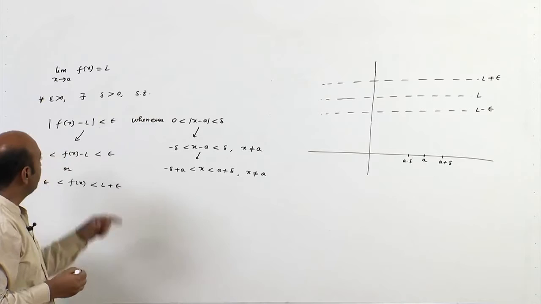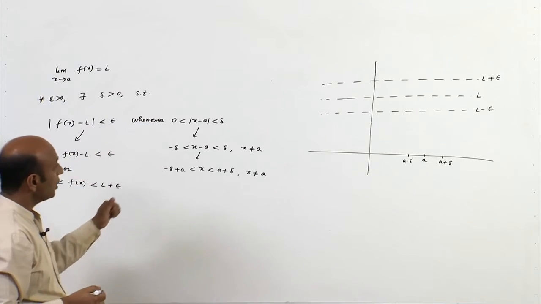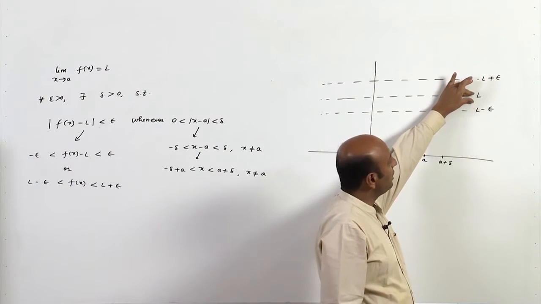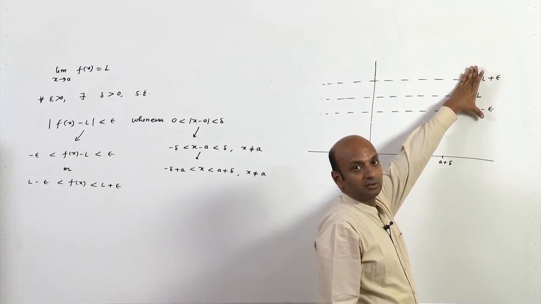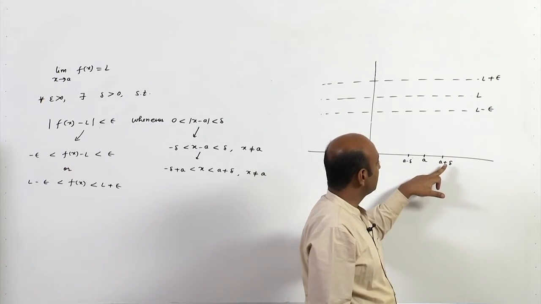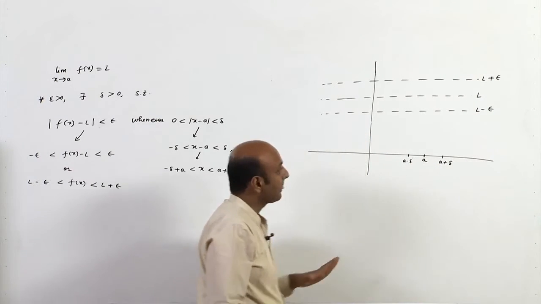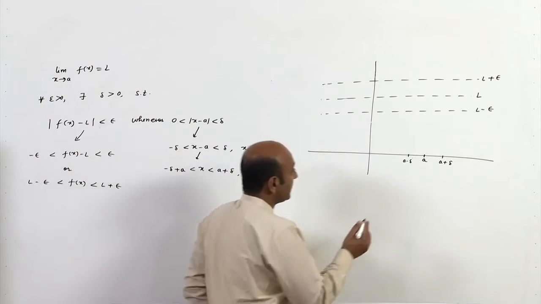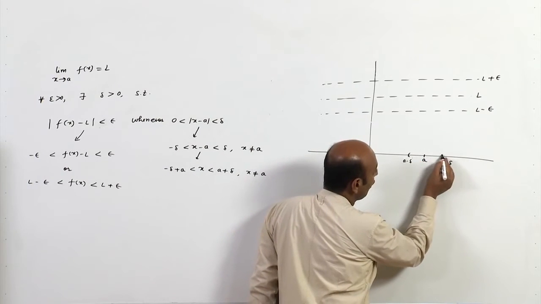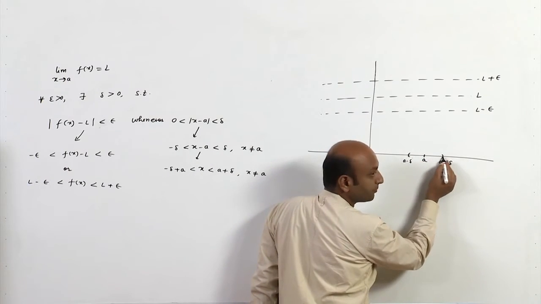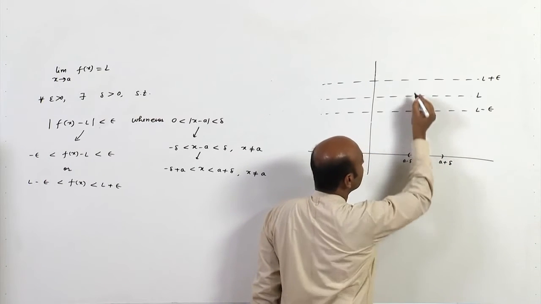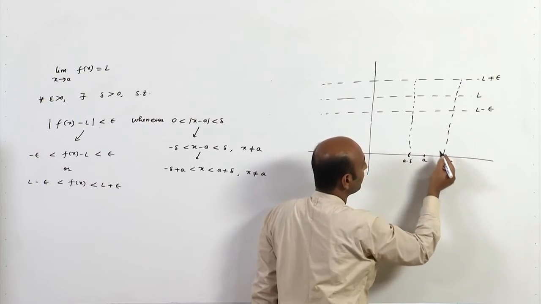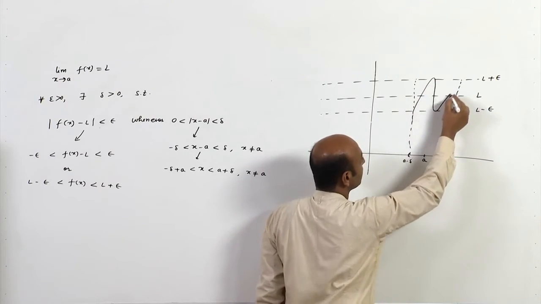Now, this definition means you take any epsilon greater than 0, no matter how small or large, there will always exist a delta such that the image of all those x lying in this interval will always be contained in this band.